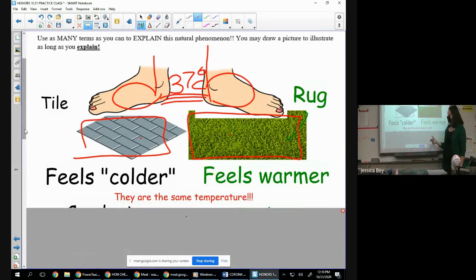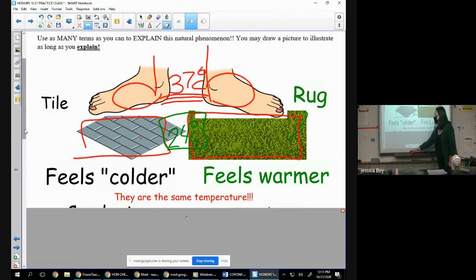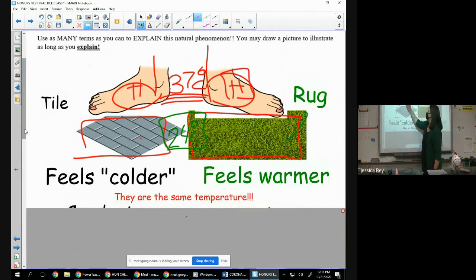Let's say it's a cooler day. Maybe they're about 24 degrees Celsius. So if we're talking high and low, who is warmer, you or the ground? You. And the ground is a low.